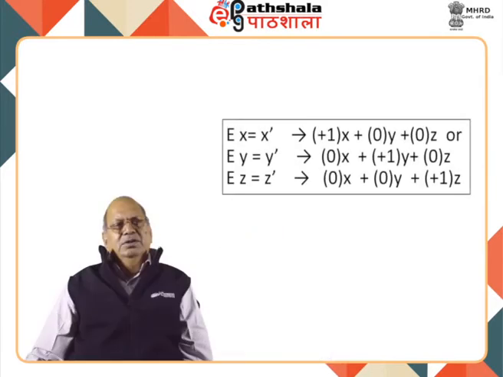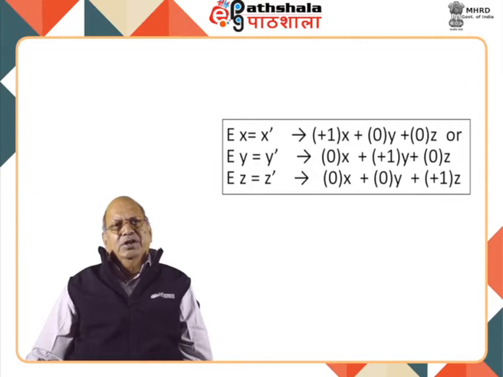We can write down these equations for operation E as E operated on x gives me x dash, or in equation form plus 1x plus 0y plus 0z. Second equation, E operated on y gives me y dash, which is equal to 0x plus 1y plus 0z.